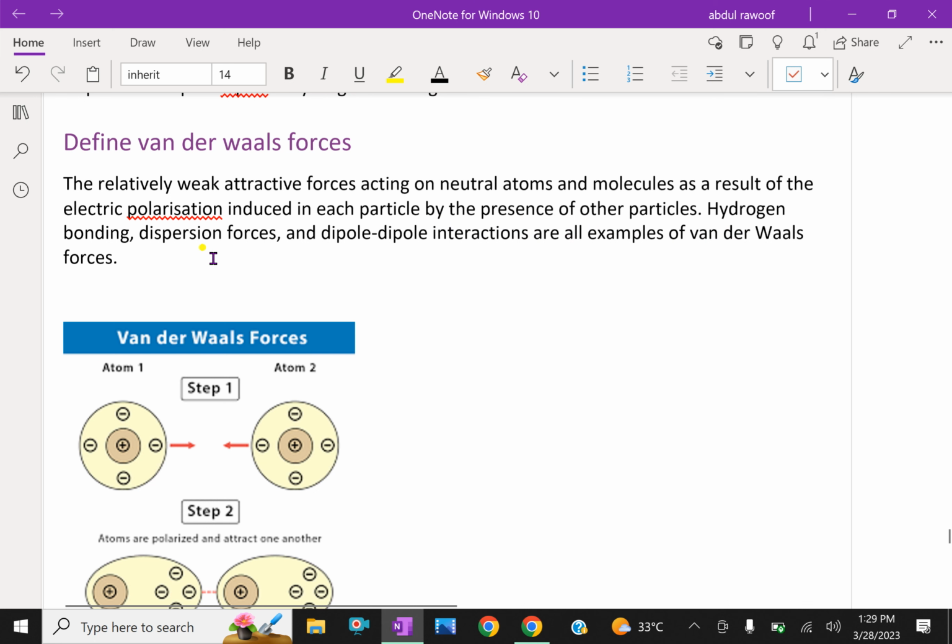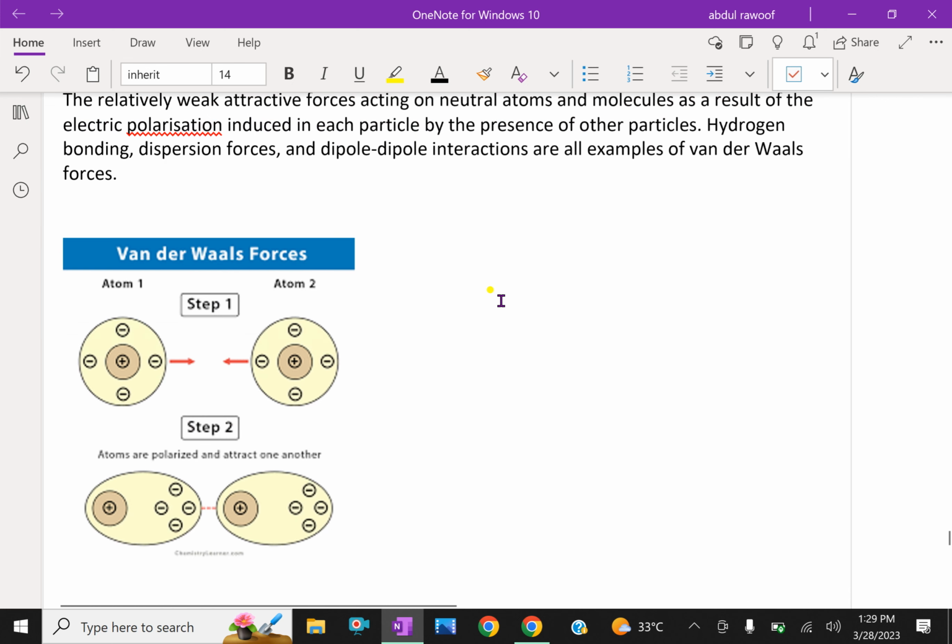Hydrogen bonding, dispersion forces, and dipole-dipole interactions are all examples of van der Waals forces.